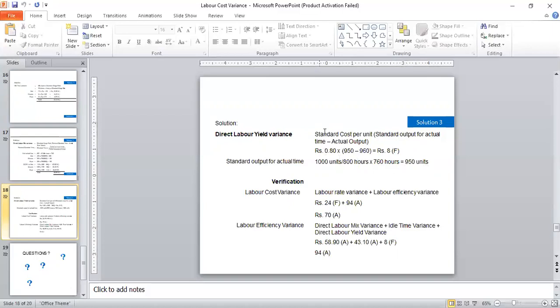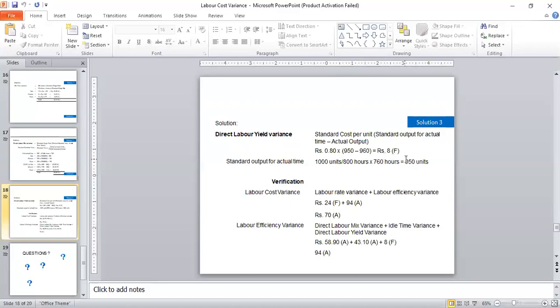Then the standard cost per unit is equal to 0.80, as the 1000 standard units we have to produce at a cost of rupees 800, so dividing this we get a per unit cost of 0.80, multiplied by the difference between the standard output for actual time, 950, and actual output, 960.